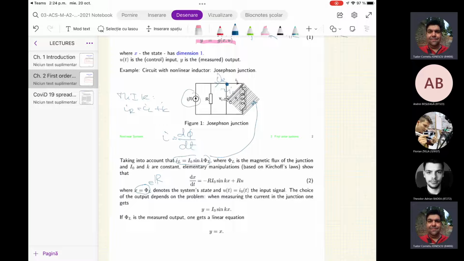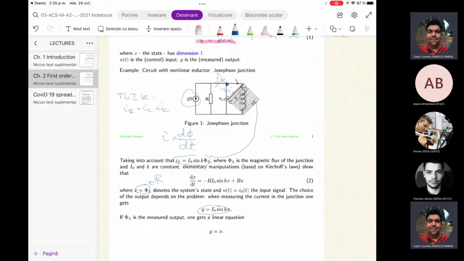So we have to be careful about choosing the measured state. The choice of the output depends on the problem. When measuring the current in the junction, the output is exactly the current IL. So we would like to measure the current through the inductance L, then this is the output.